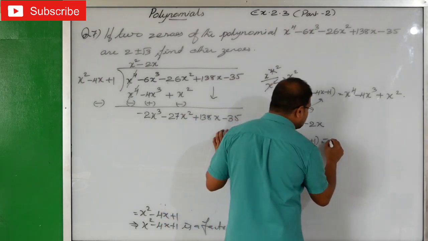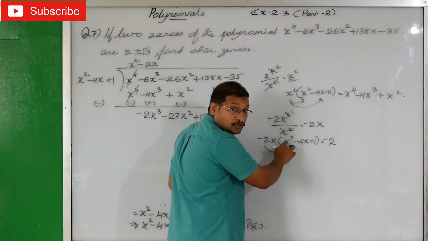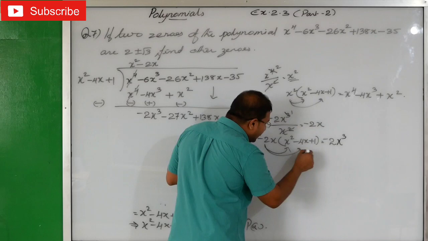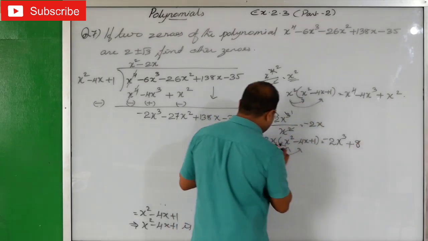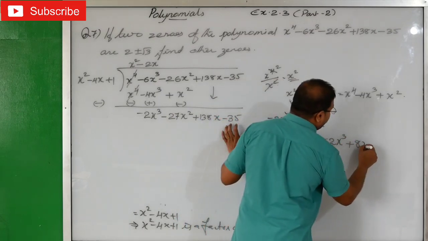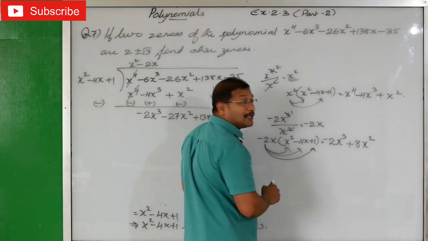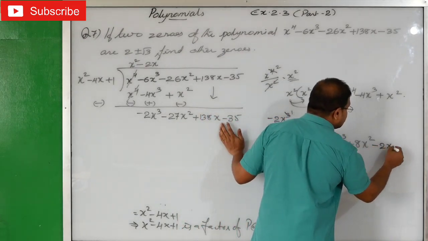So minus 2 into x square into x raised to 3. That means x cube. Now minus into minus is plus. 4 2s are 8, x into x square. Ready? Now again minus 2x into plus 1. Plus into minus, minus 1 into 2x means 2x.